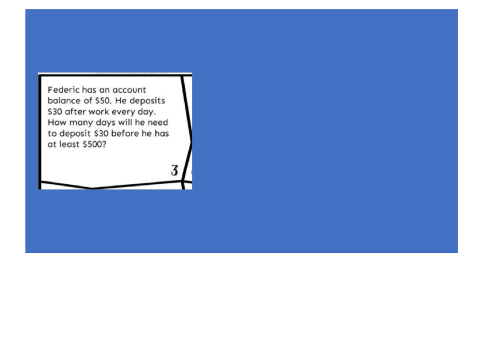So we know that his account started with $50, and what is he doing each day? Adding 30. Okay? So, he is plus 30, but do we know how many days it's been? No. So I'm going to just add a D for days. You could use an X.